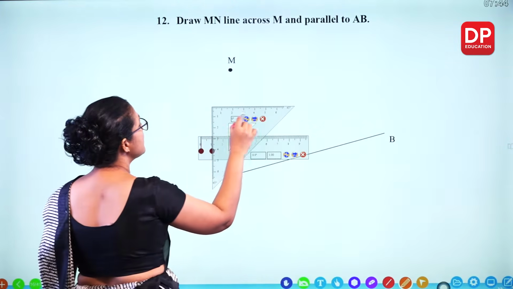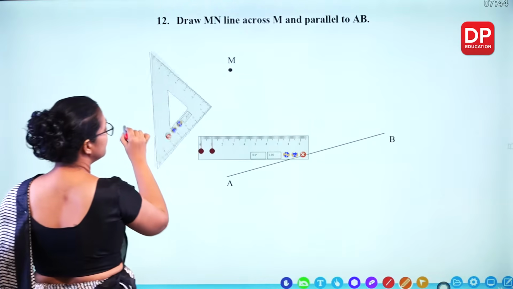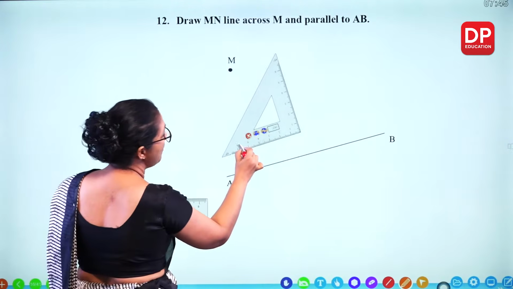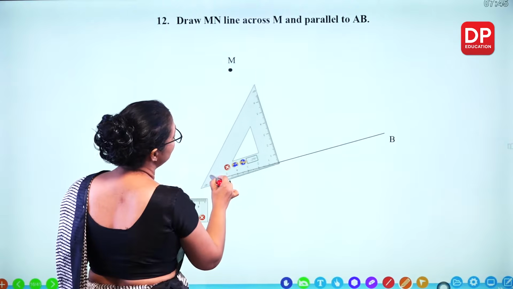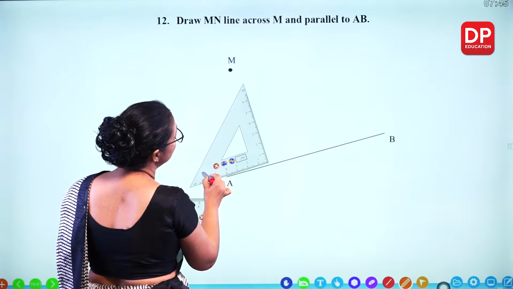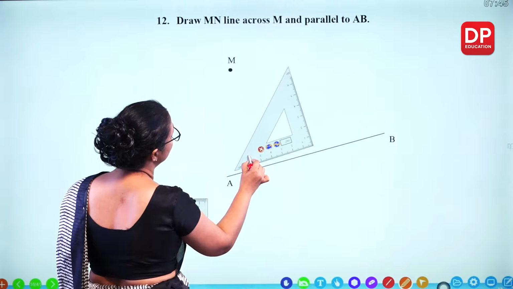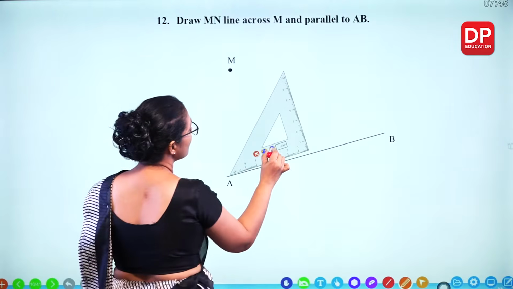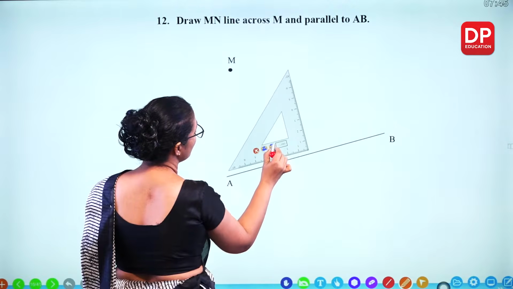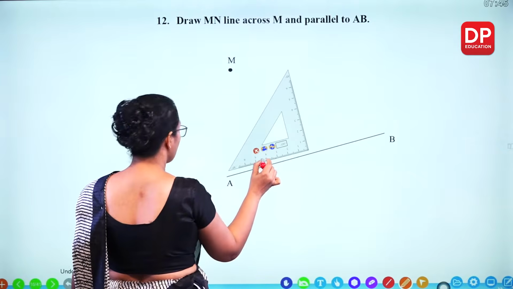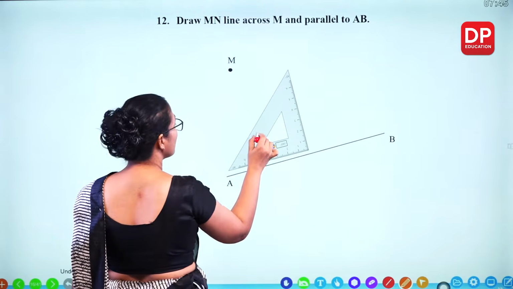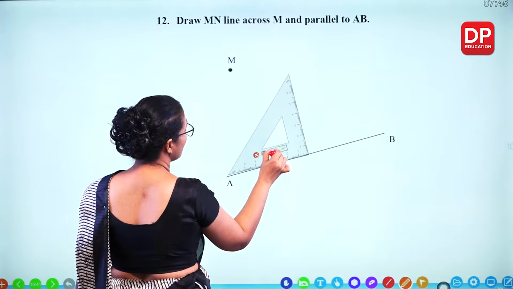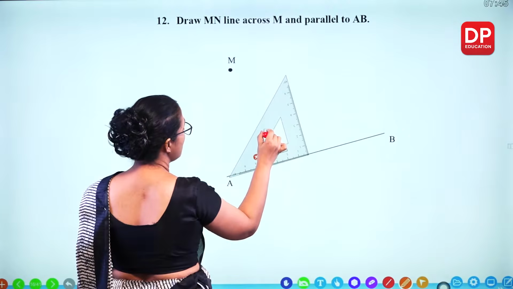So you keep the set square on the AB line first. So you need to keep it properly.